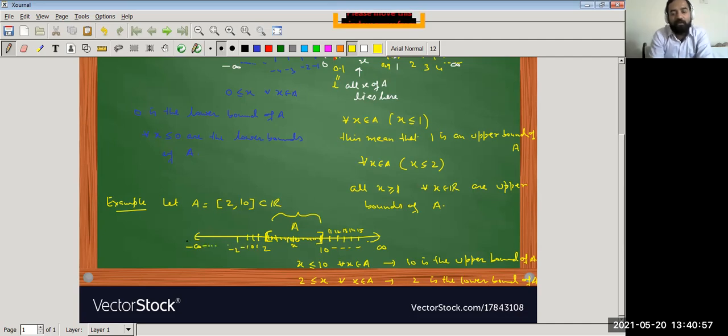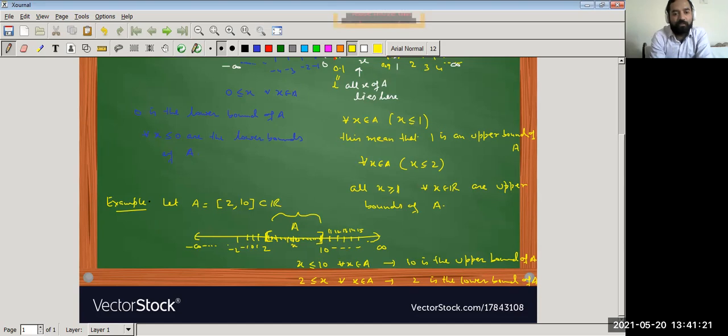These are all lower bounds of the non-empty set A. So if a lower bound exists, then there are infinitely many lower bounds. If an upper bound exists, then there are infinitely many upper bounds. It means upper bounds and lower bounds, if they exist, are not unique.